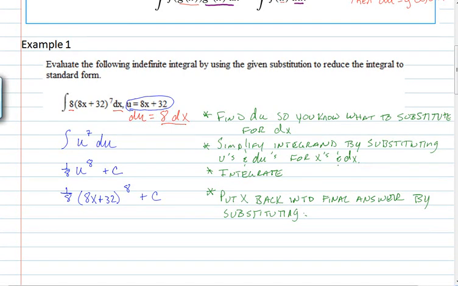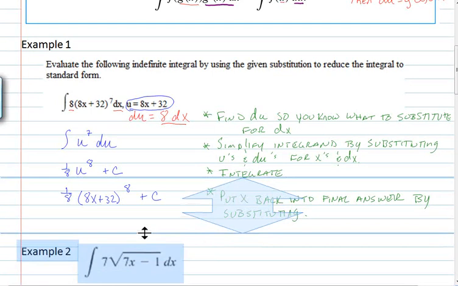So it's written out clearly. Any questions about anything that we've done in this process?